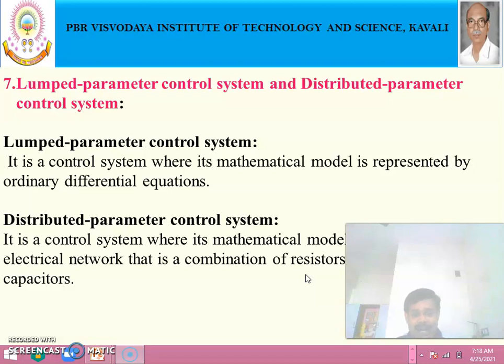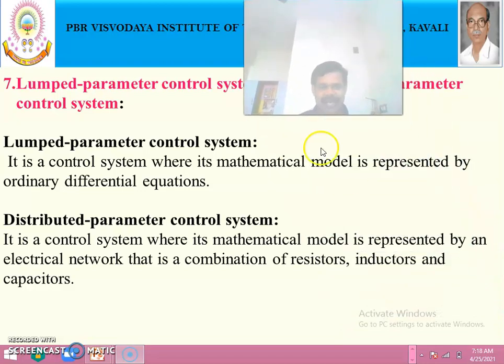A lumped parameter control system is one where its mathematical model is represented by an ordinary differential equation. A distributed parameter control system is one where its mathematical model is represented by a partial differential equation. Okay, this distributed parameter control system is made up of a combination of resistors, inductors and capacitors.